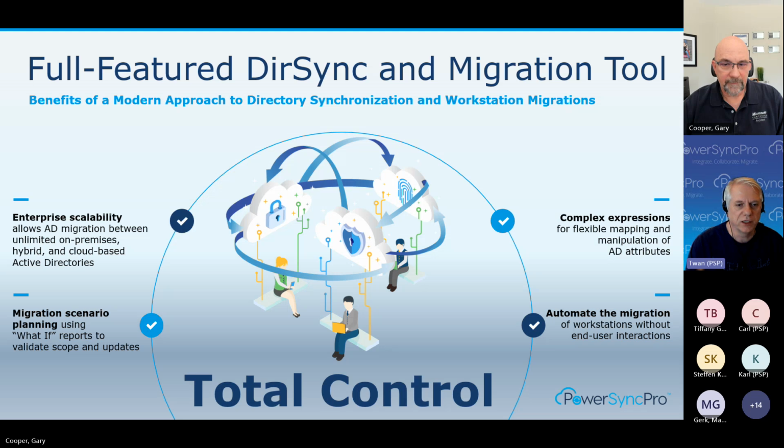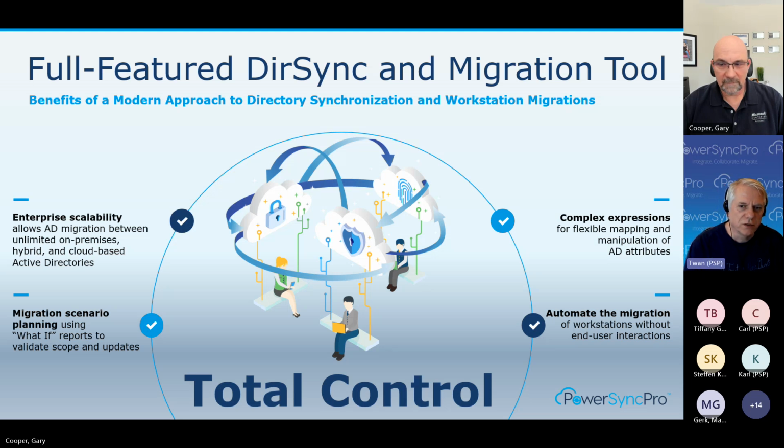Now, to help with that, we first have to do a synchronization of the users and groups. So effectively copying them from the source Active Directory to the target Active Directory, and maintaining that relationship between the users so that Fred in the source has become Fred in the target, and you manage the mapping of attributes.